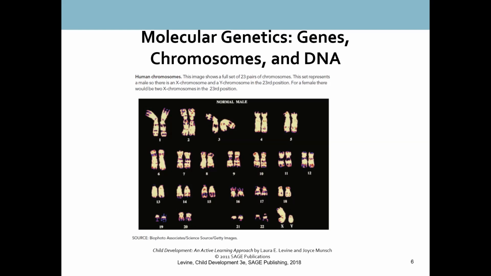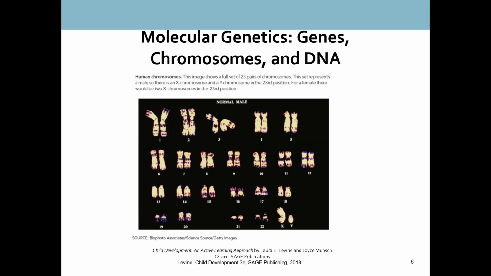Each pair matches up in size because they contain the same basic types of genes on each member of each pair. Just as an example, I don't know where eye color is located, but let's say at the very top of the left member of pair number 1 is my eye color gene from my father.